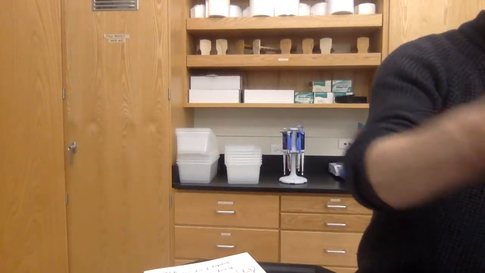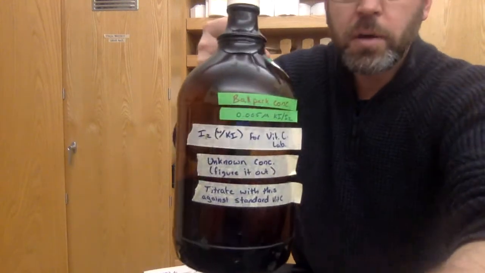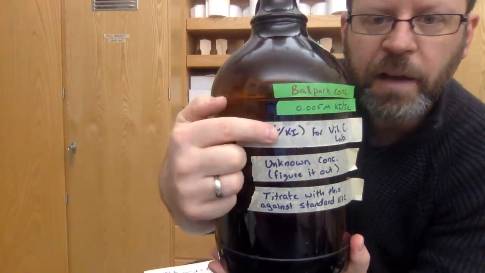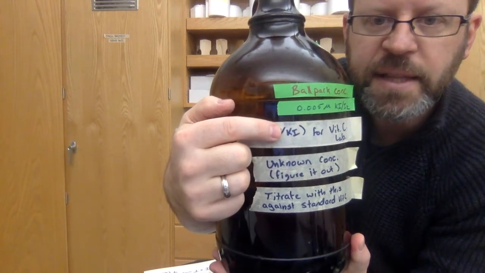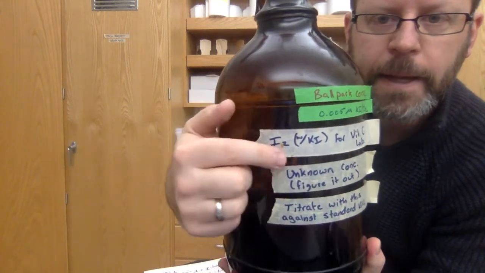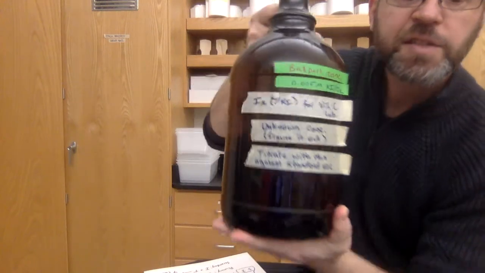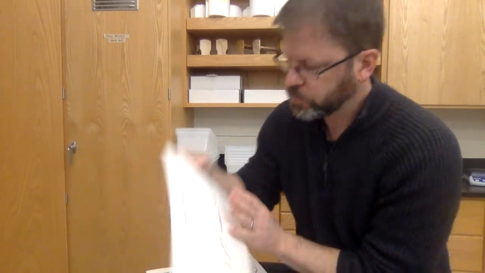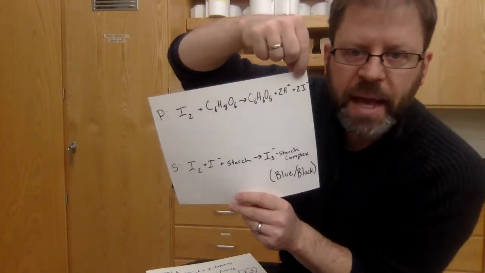What we do is I have also put in a significant amount of KI into this, okay, potassium iodide, so that I can ensure no matter what, we have enough I minus around. So we're going to make a little I minus.